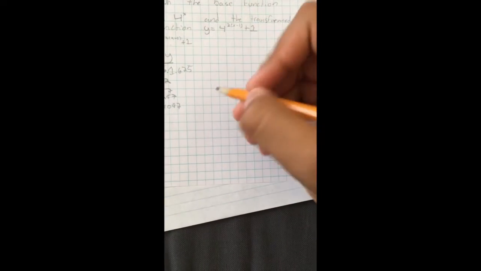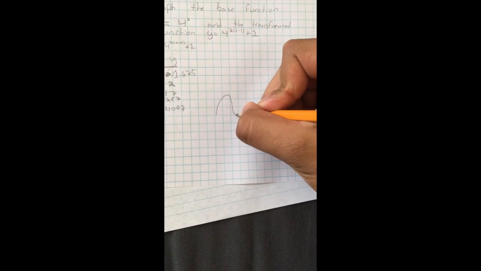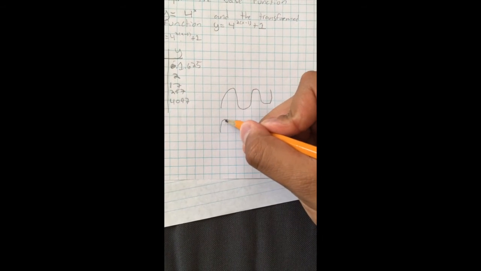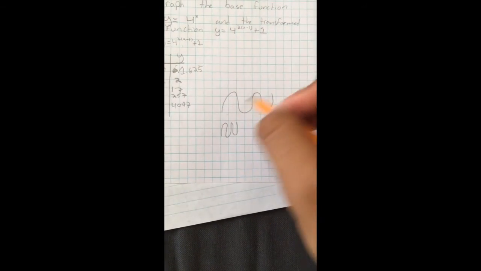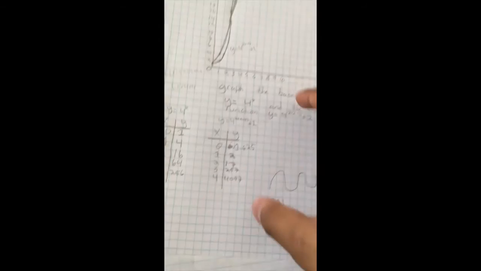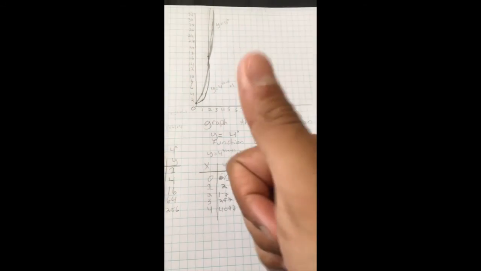And when you compress something, it's going to go like this. Similar shape, it's just squished. So that's what's happening. And that's it. That's all for 3.5. I hope you guys understand.